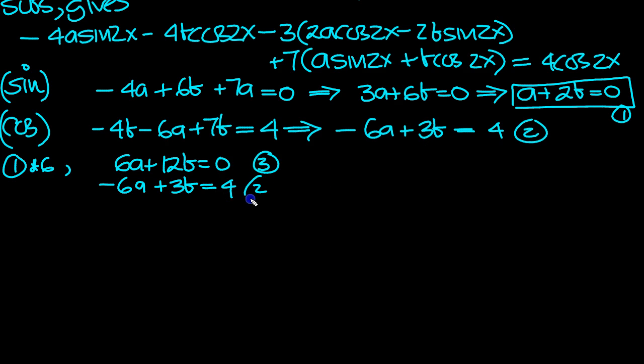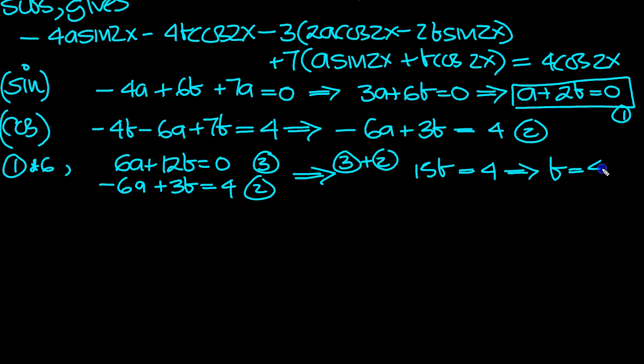And that was number 2. So I'm going to do 3 plus 2, of course. Add those, they'll disappear. 15b equals 4. So b is 4/15. Okay, good. There's lowercase b then.